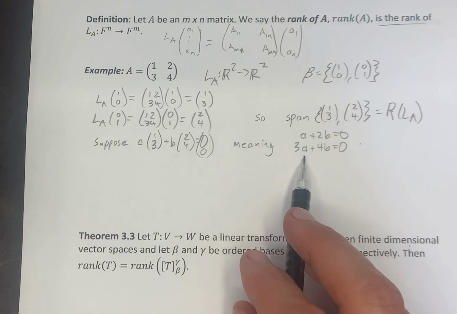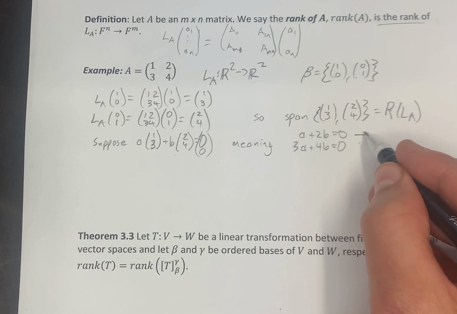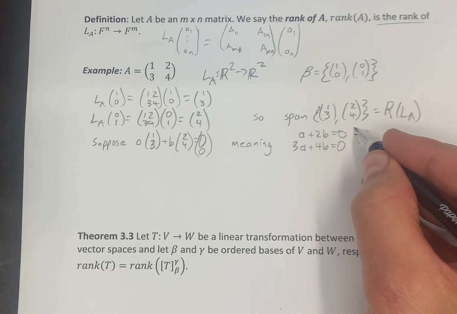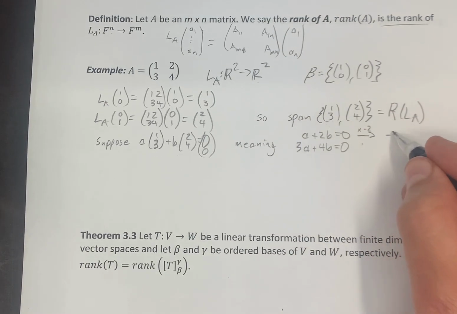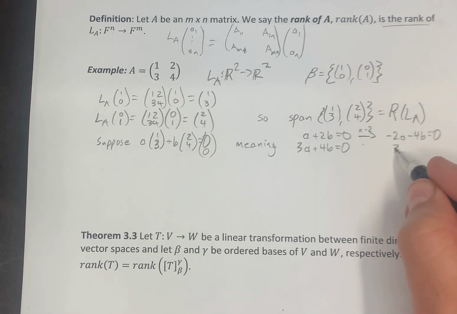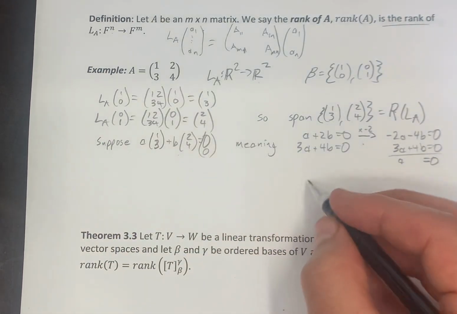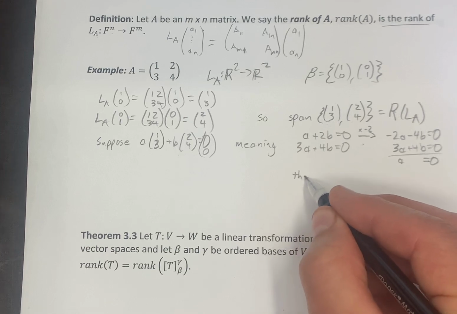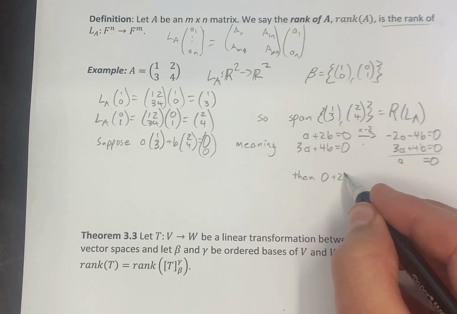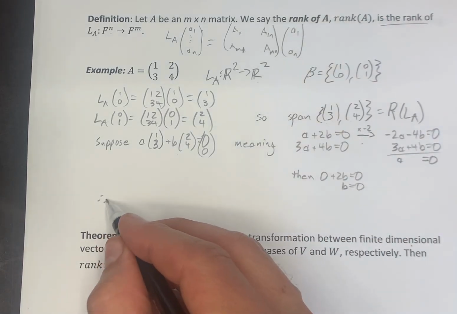But if you had these two things, you could multiply the first one by 2, or let's multiply by -2. So -2a minus 4b equals 0, and 3a plus 4b equals 0. That means that a equals 0, and if a equals 0, then 0 plus 2b equals 0, and b equals 0.